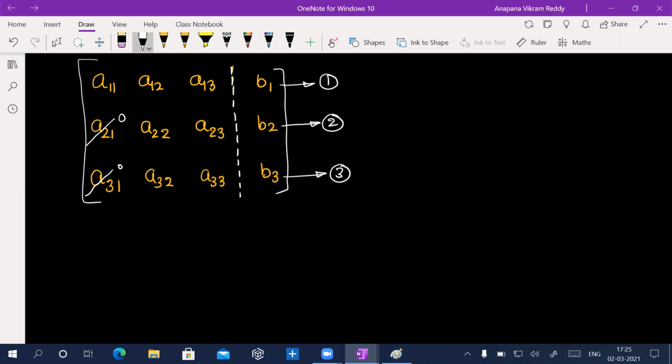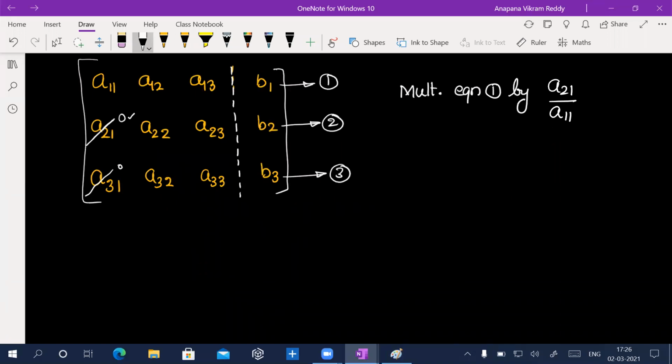So to make the second row, first column element 0, now what do I do? I'll multiply equation 1 by what? A21 by A11. Throughout equation 1, you just multiply by this ratio, A21 by A11.